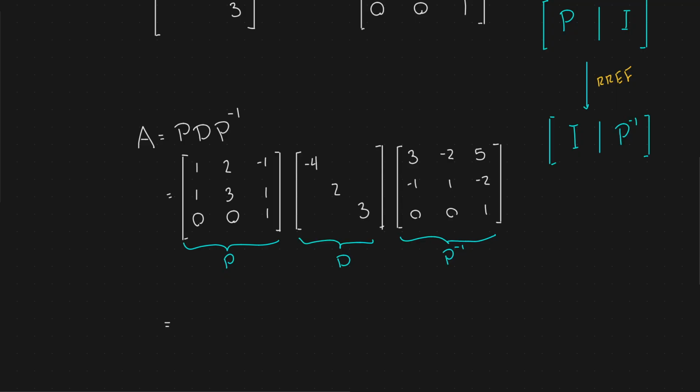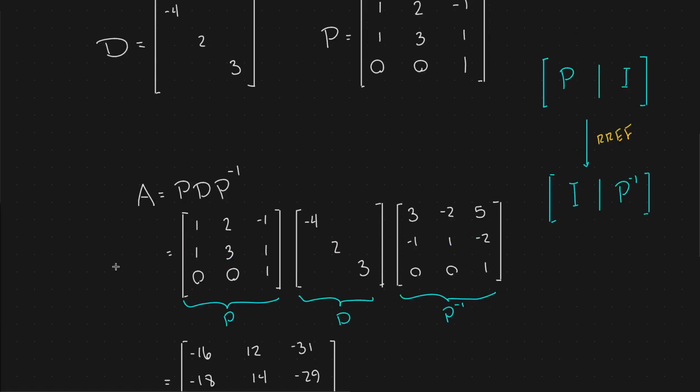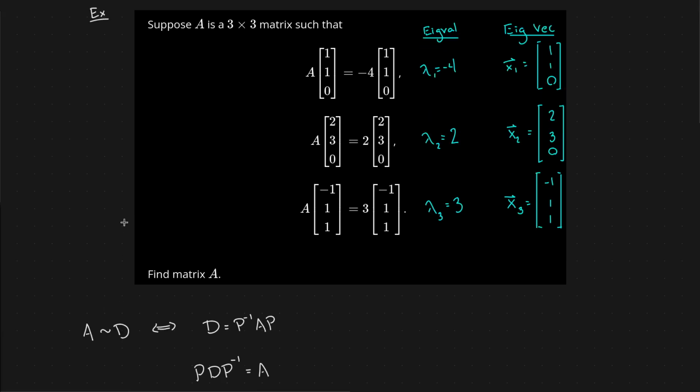The answer that we get if we do multiply all the matrices together, matrix A is going to be negative 16, 12, negative 31, negative 18, 14, negative 29, 0, 0, 3. So that is how we can reconstruct matrix A, knowing only its eigenvalues and eigenvectors.